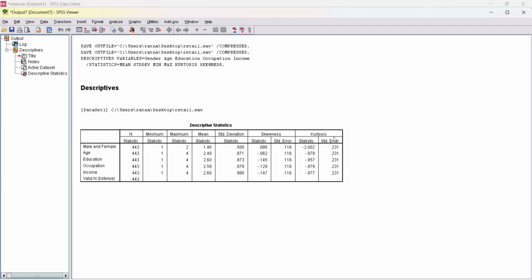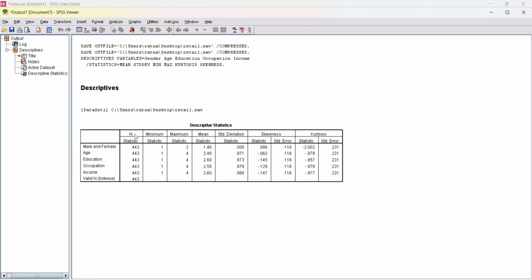When we go to the kurtosis, the last one, these values indicate a distribution flatter than the normal distribution. So the skewness and kurtosis values of age, education, occupation, and income are relatively close to zero, or fall within an acceptable range for statistical procedures, suggesting that the distributions are symmetrical and not excessively peaked or flat.